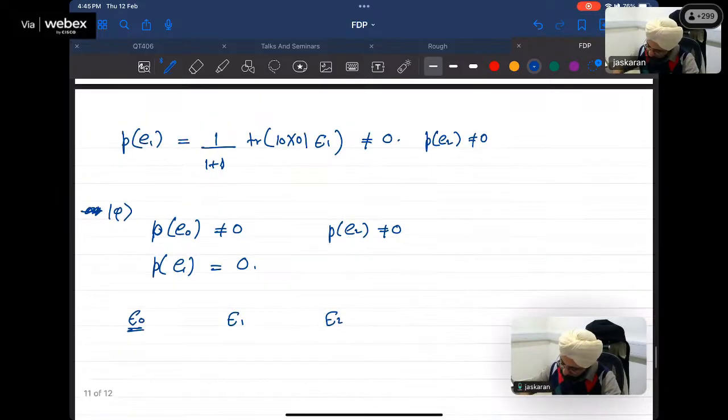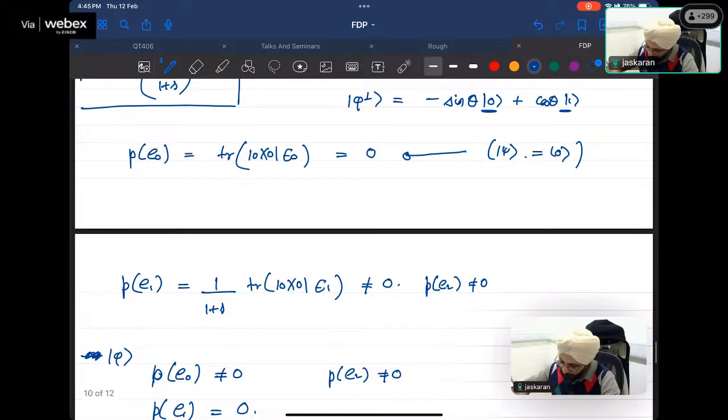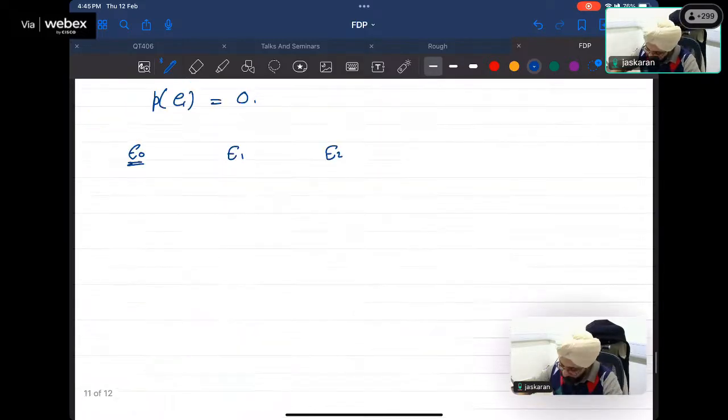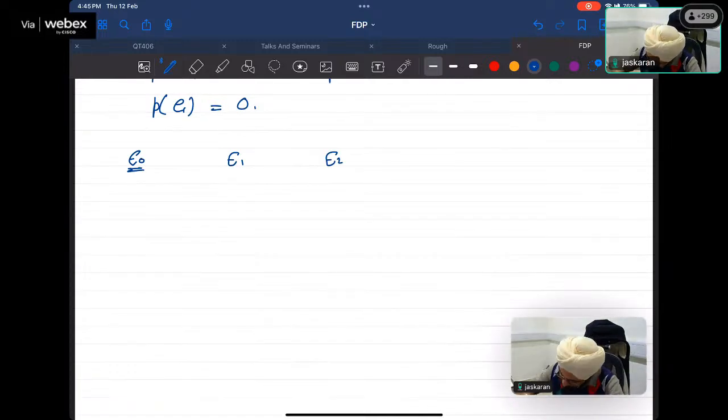Suppose I get the outcome click corresponding to E0. Then I know from this particular relation that the state could not have been ket psi, because for E0 the probability to get a click in that case is 0. That will never click. That means when I get the click corresponding to E0, I know the state was ket phi.